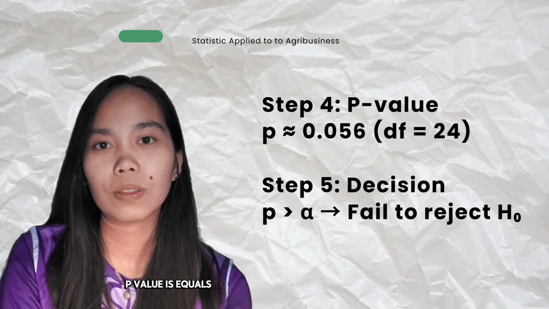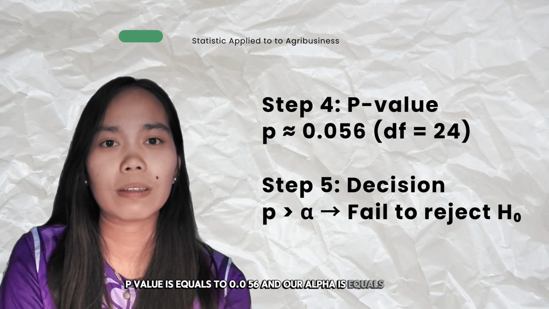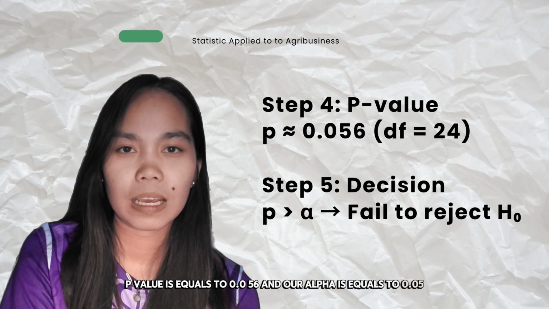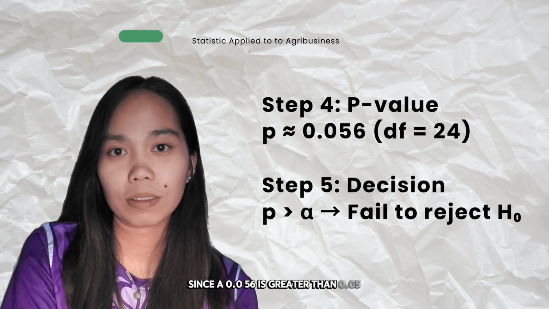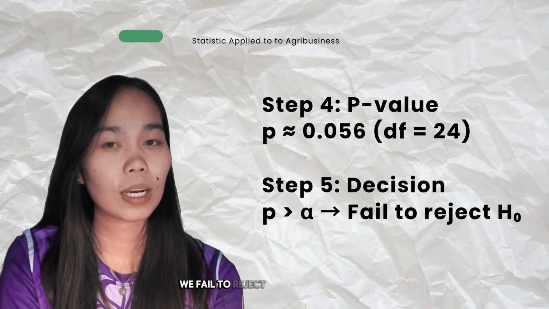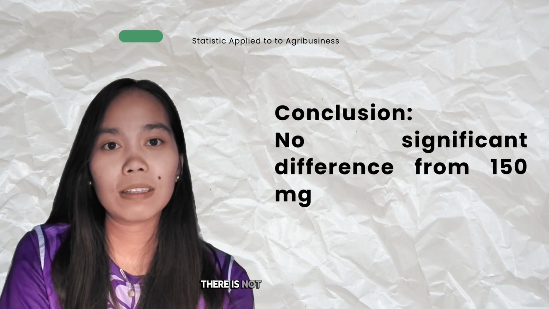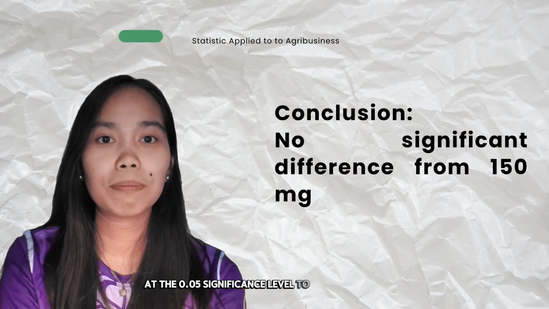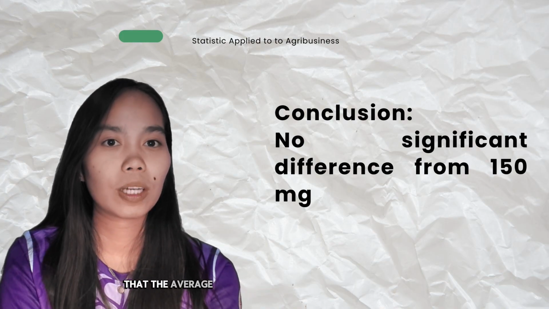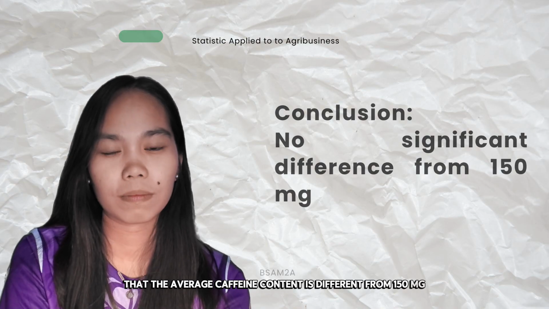P-value equals 0.056 and our alpha equals 0.05. Since 0.056 is greater than 0.05, we fail to reject the null hypothesis. There is not enough evidence at the 0.05 significance level to support the claim that the average caffeine content is different from 150 milligrams.